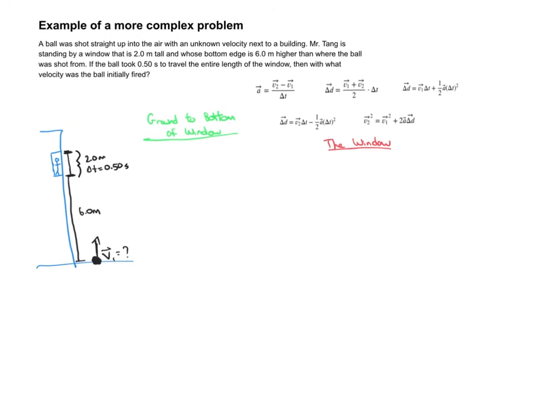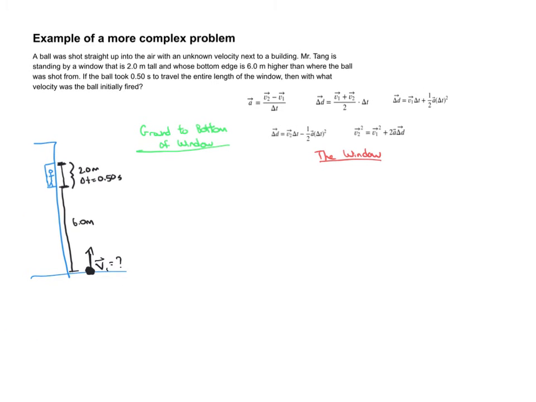So what I'll do is I'll just make a list in each heading to see where I am. So I'll start with the window. The displacement is going to be 2 meters up. The time is going to be half a second.